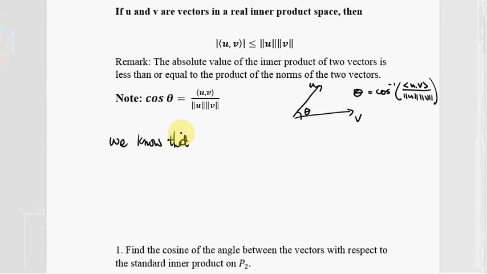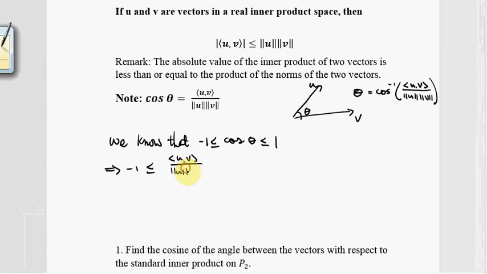So here the cosine is equal to this inner product, which implies that -1 is less than or equal to the inner product of u and v over the norm of u times the norm of v.